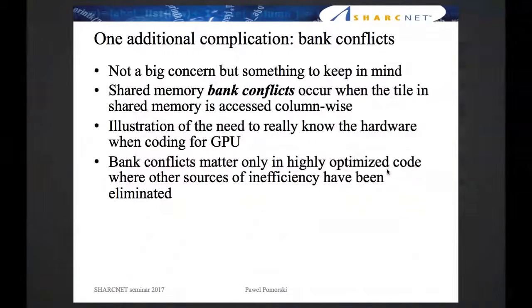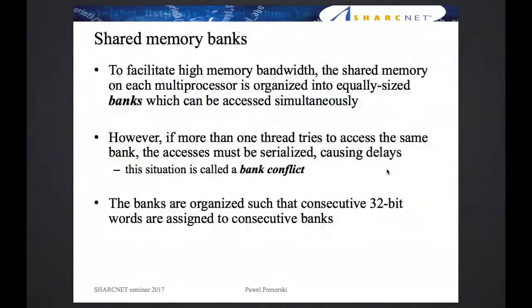It turns out that we do need to worry a little bit about how we access the shared memory, and the pattern I've shown you is somewhat unoptimal. The shared memory is divided into 32 banks. If you imagine successive 32-bit words, successive single precision numbers in the shared memory, each of these successive numbers will lie in a different bank.